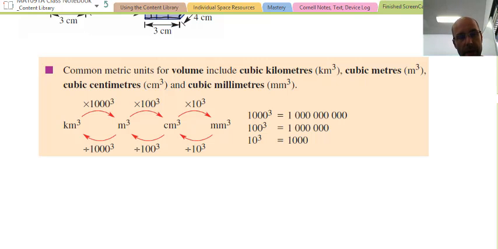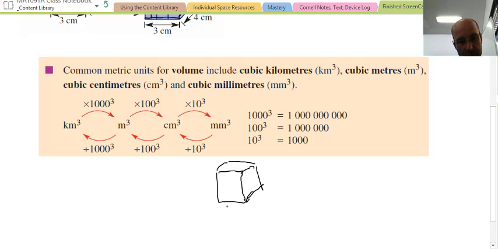Back on the video where we looked at the difference between the units of area, it's not as simple as linear units or length units. We know that we have three dimensions here. So if we have length, width, and depth, 3 dimensions.